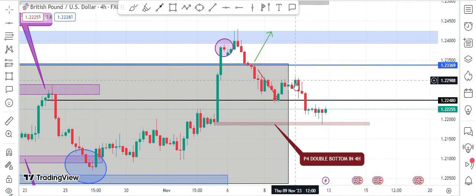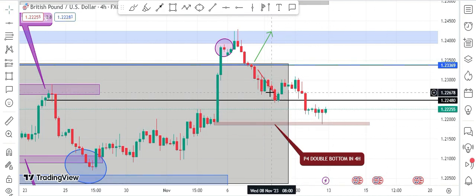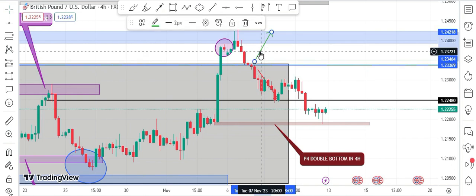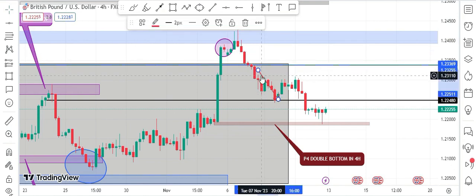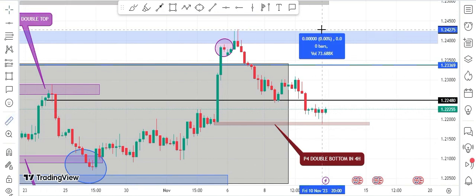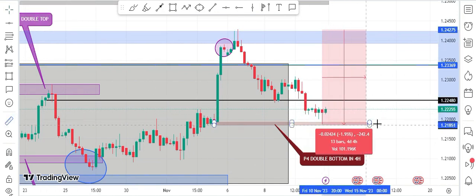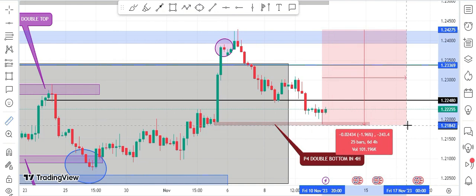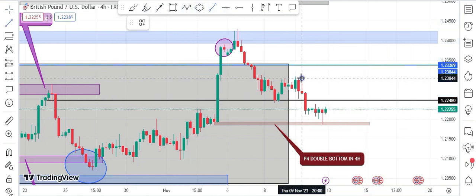My best option, if we consider the best probable trade we can have now, is that if we measure the length from here to here, as this is the one, then the price may come up to this level back again. This is the place the price must come back.